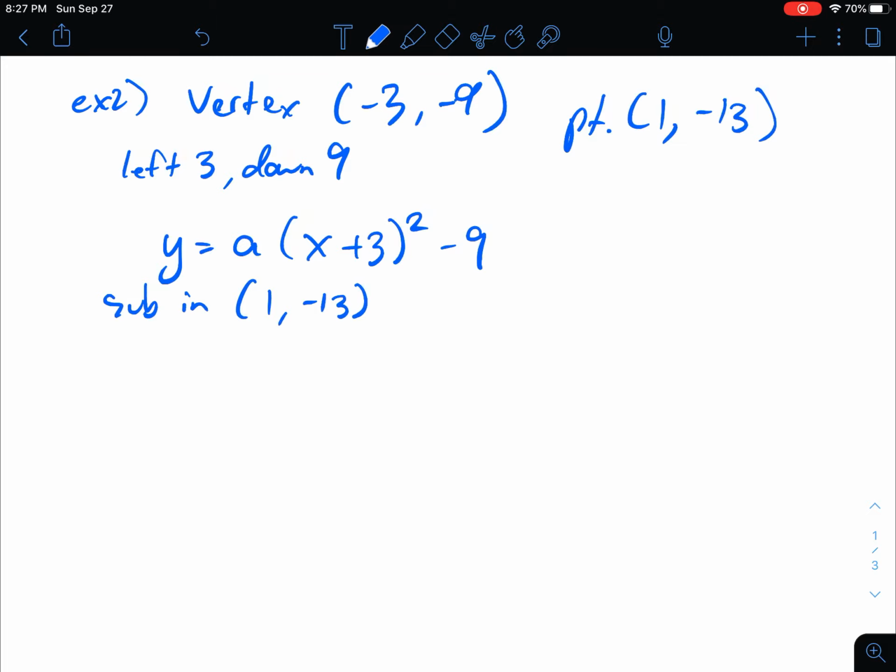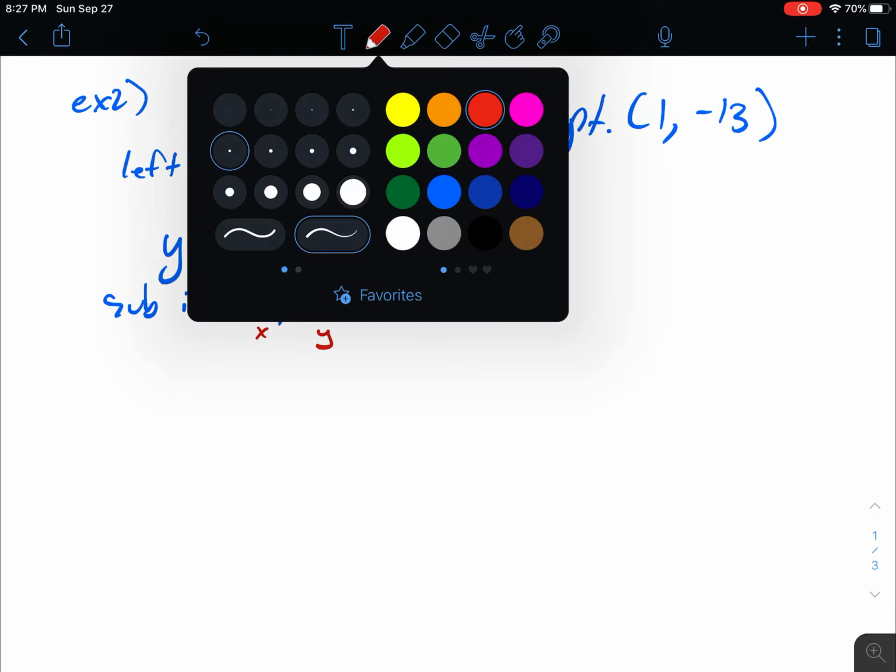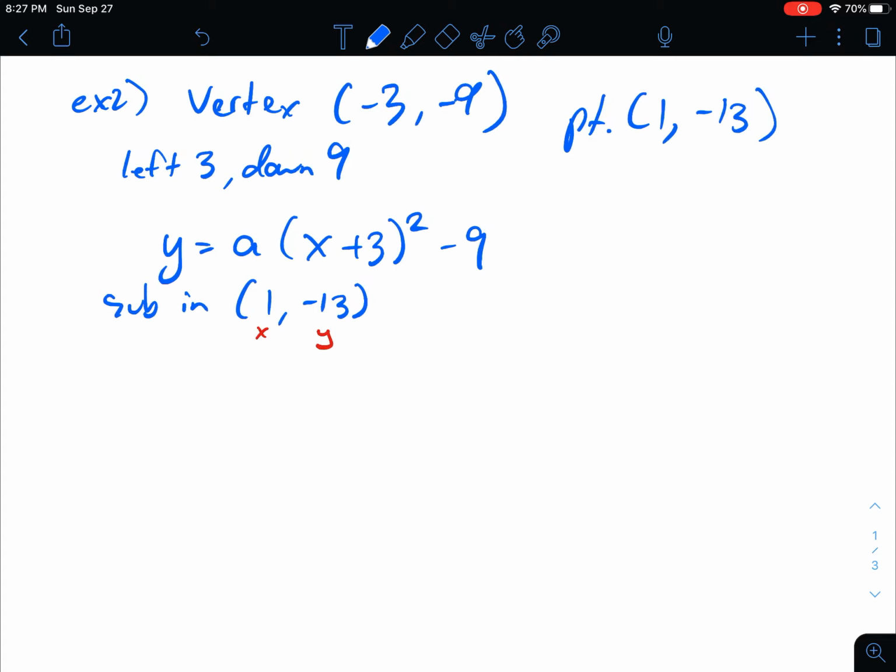This is my x value, this is my y value right there. For the y, I'm going to put -13. For the x, I'm going to put a 1. And then we solve this again. So -13 equals a bracket 1 plus 3 is 4.